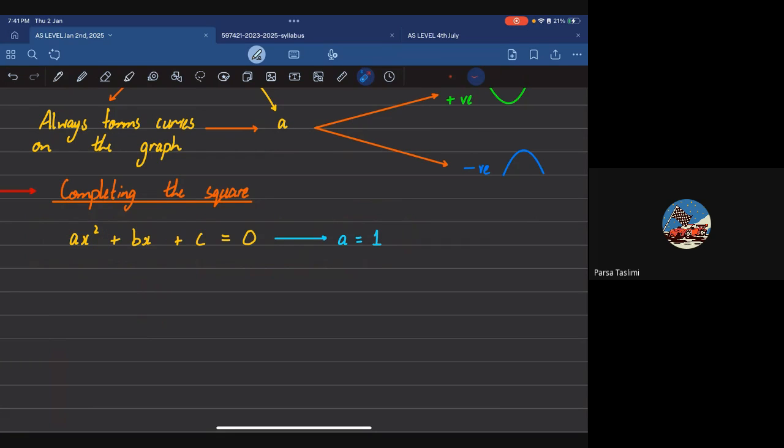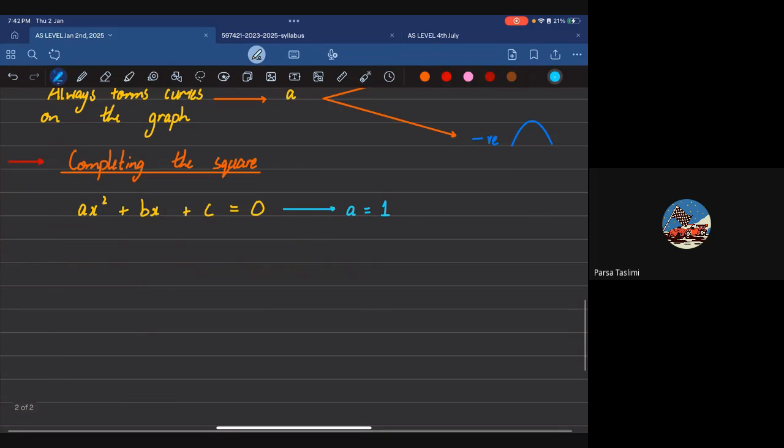So you need to get rid of it. And how will you get rid of it? Usually the most usual way of doing it is through factorization. So we're going to factor it out. Maybe take 2 out, maybe take something else, whatever it is. Just make sure at the end of the day that your coefficient of x squared is equal to 1. That's the first step. You cannot move faster.